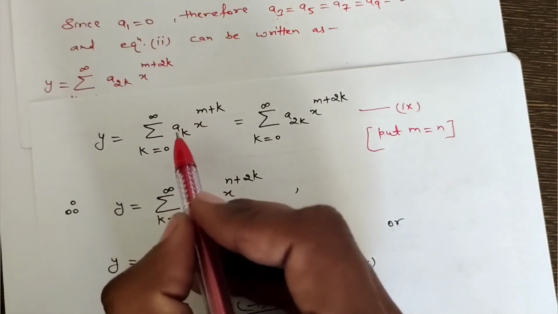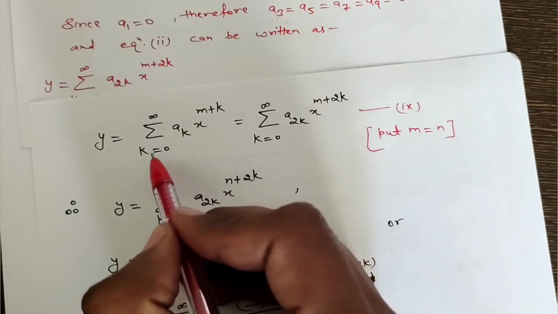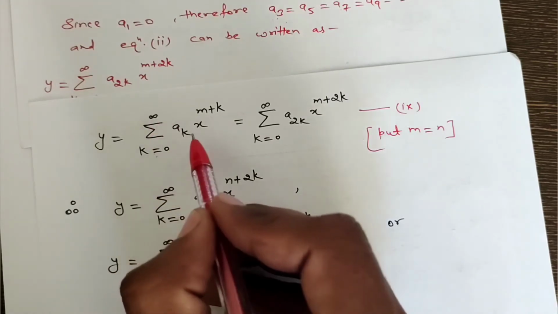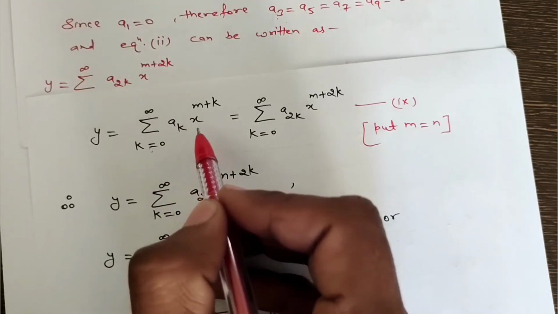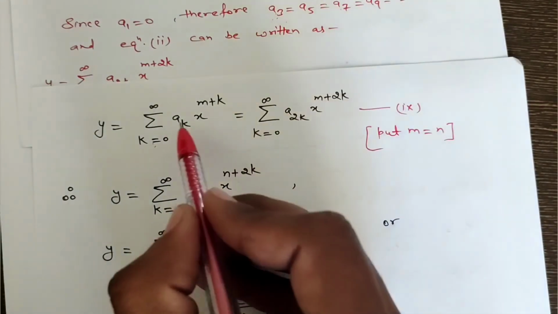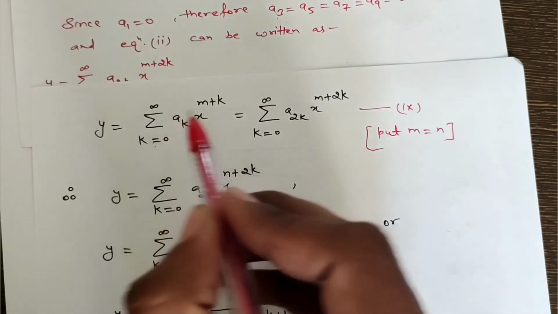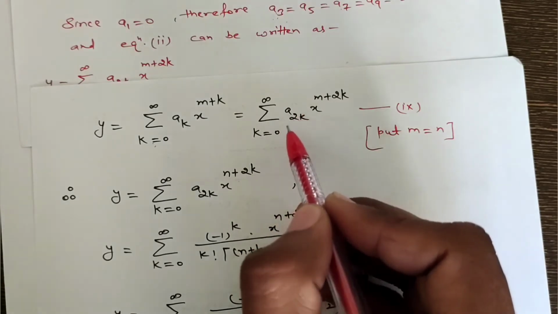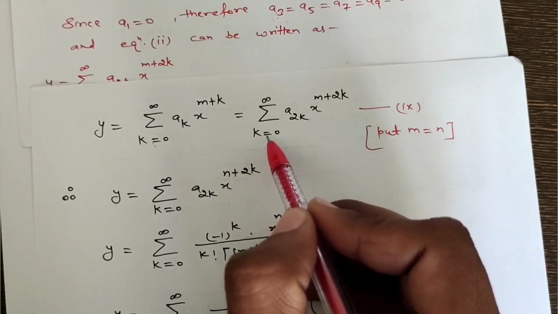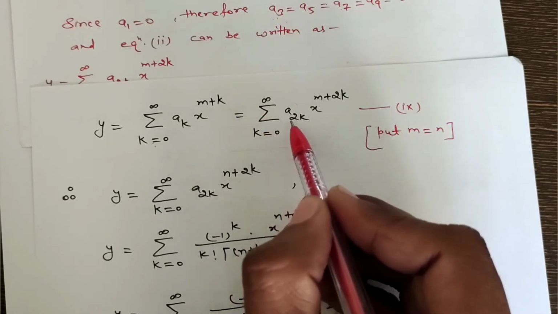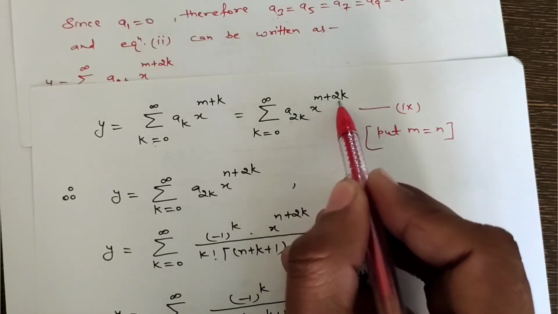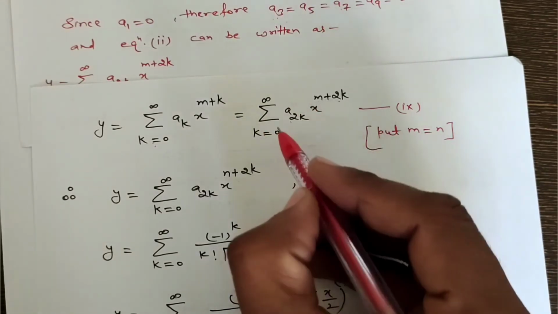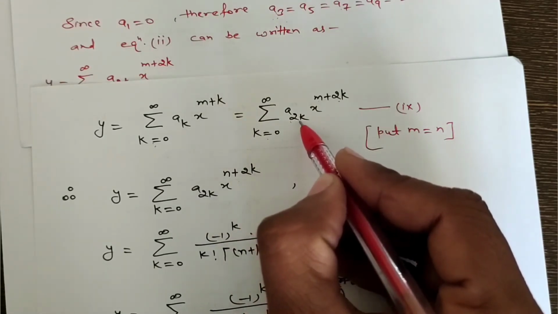The earlier assumed solution is summation over k going from 0 to infinity a_k into x raised to power m plus k. Since odd coefficients are 0, I can write this only in terms of even coefficients, like this: summation over k going from 0 to infinity a2k into x raised to power m plus 2k.